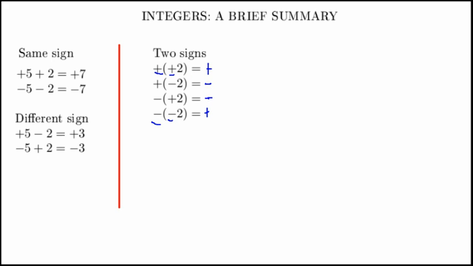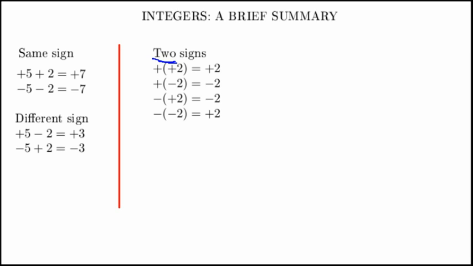So the result is plus 2, minus 2, minus 2, and plus 2. This is in the case there are two signs, and we separate them with brackets because it's not possible that two signs go together.